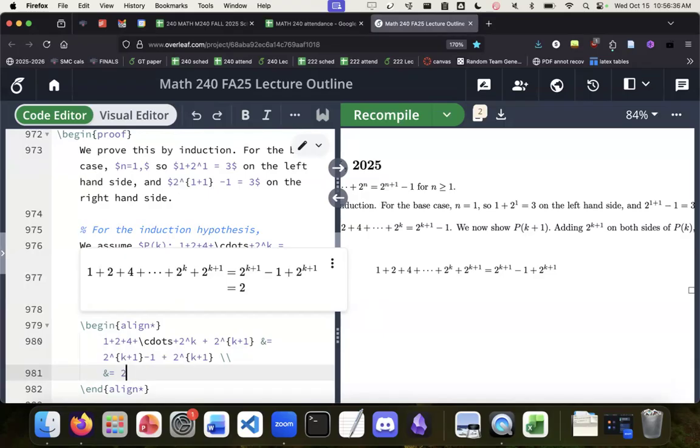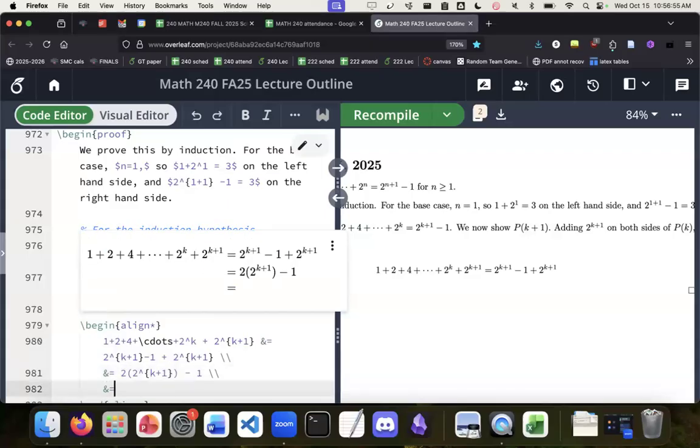So maybe we show 2 times 2 to the k plus 1 minus 1. And then the 2 on the outside has an exponent of 1.